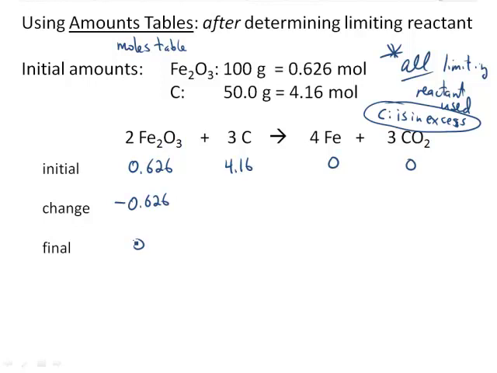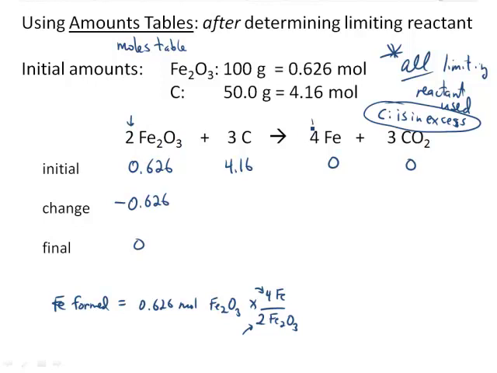And you can look at the products. The amount of iron that's going to be formed is going to equal 0.626 moles of Fe2O3 times 4 irons for every 2 Fe2O3s. This 4 and this 2 come from our balanced equation.